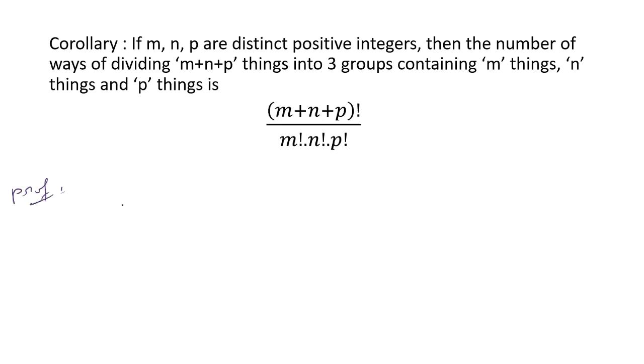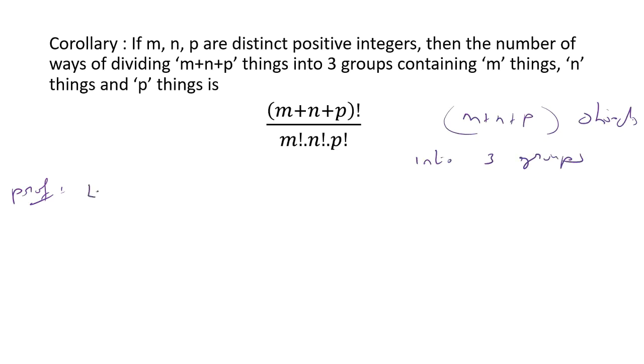We have to divide m plus n plus p objects into three groups containing m objects, n objects and p objects. So first what we do is we select m objects.